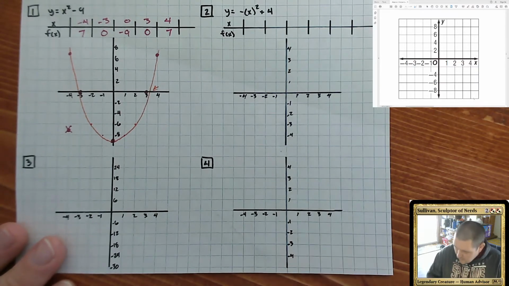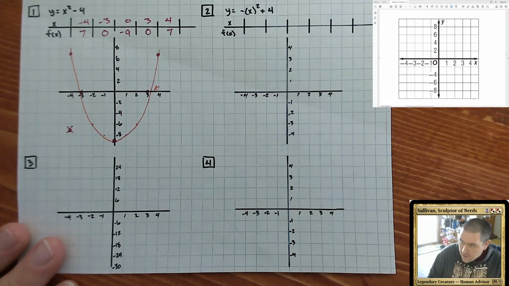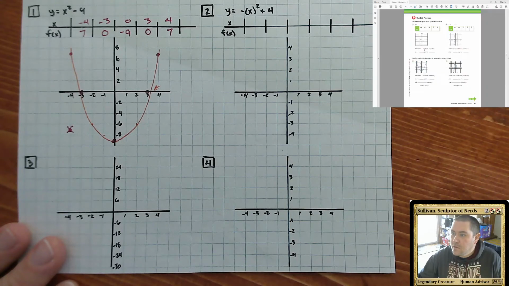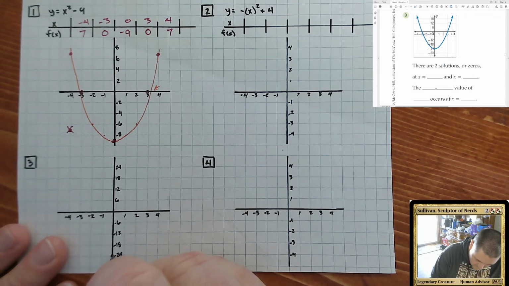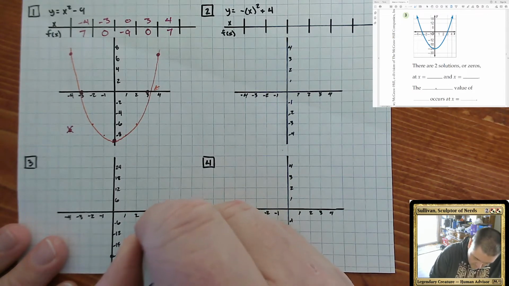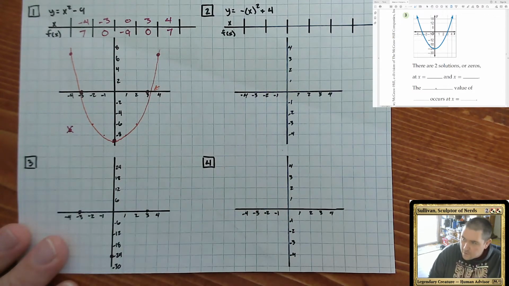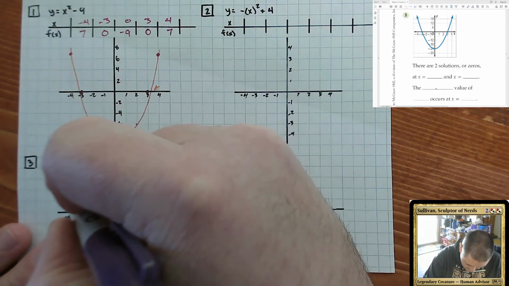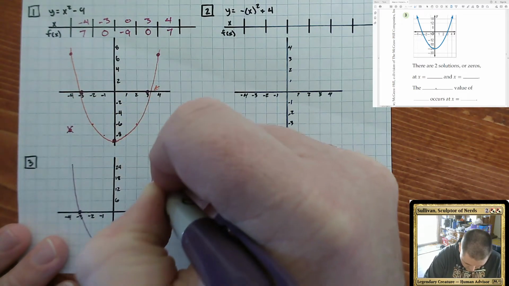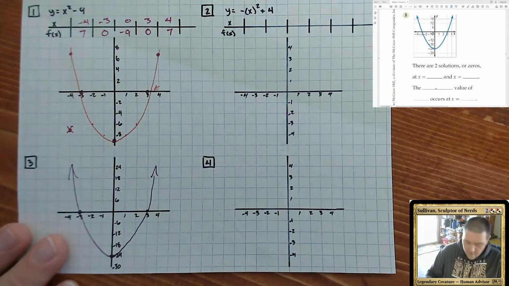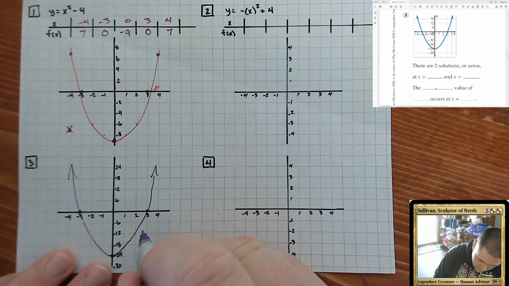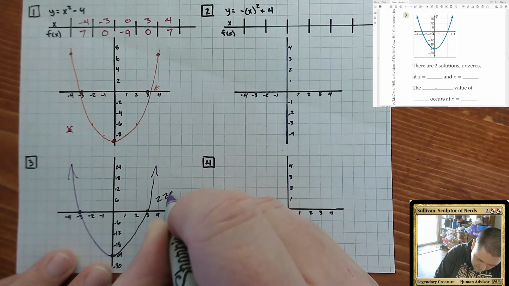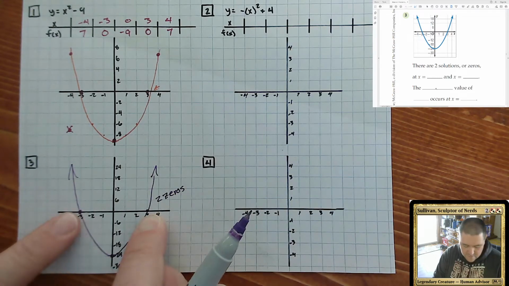Okay, on number 3, they give me the graph. The graph goes all the way down to -24, and hits at ±3. What they want us to do this time is just tell me how many solutions or zeros are there. Well, there's 2 of them. There's 2 zeros. Remember, zeros are X-intercepts.